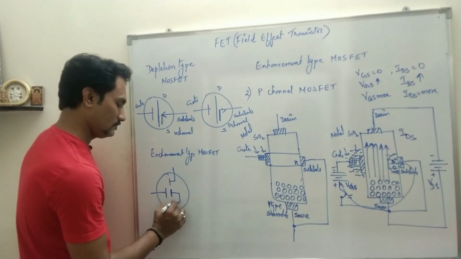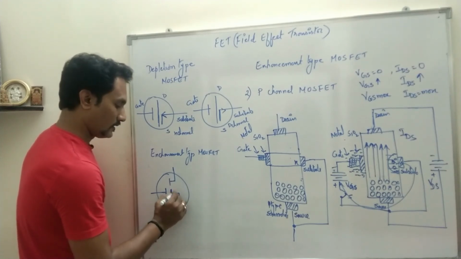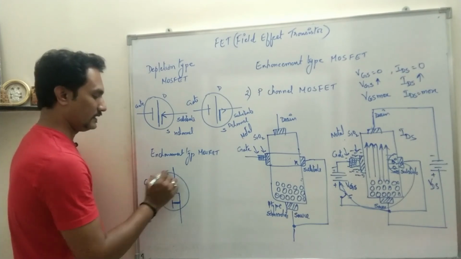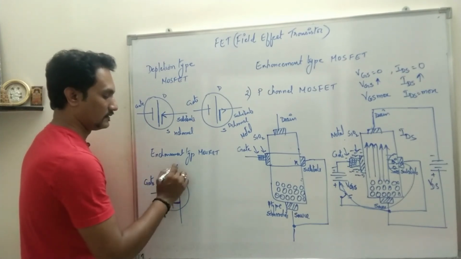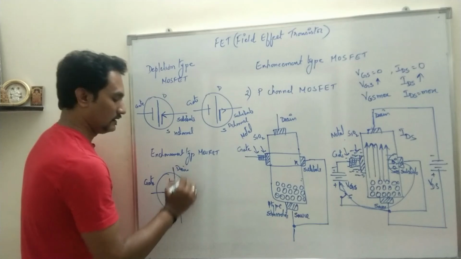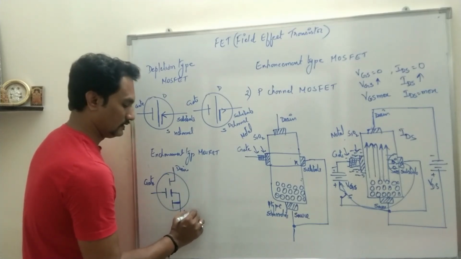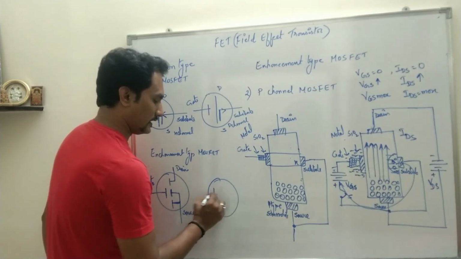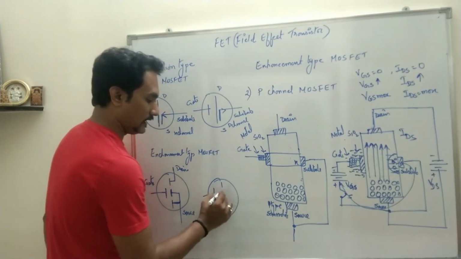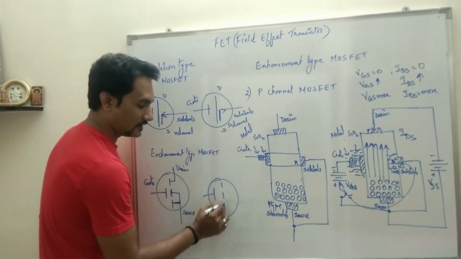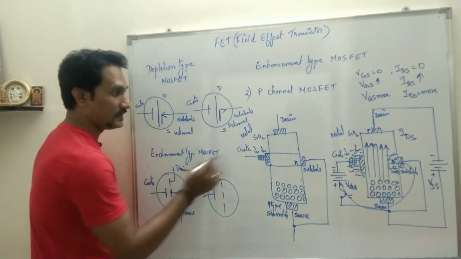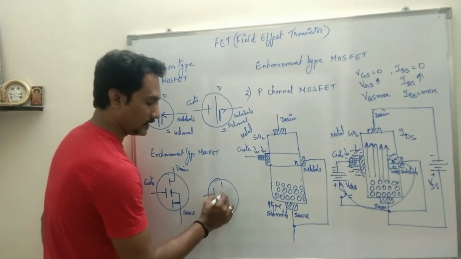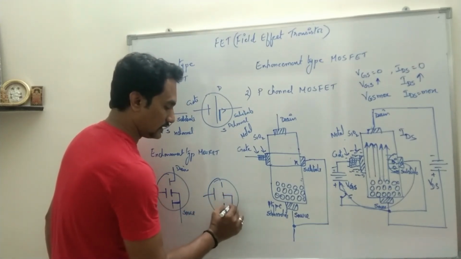Okay, so this is gate, this is drain, and this is source. Similarly, as drain and source are not directly connected, in between them there is a substrate, therefore we are showing it disconnected.